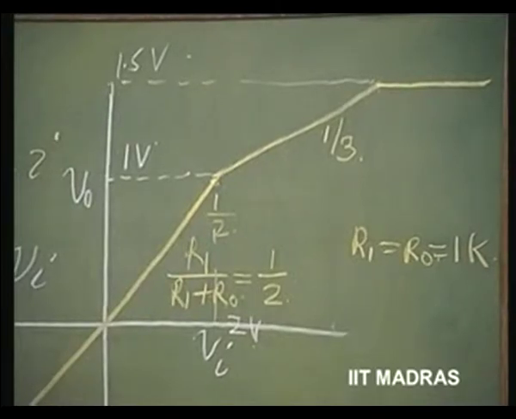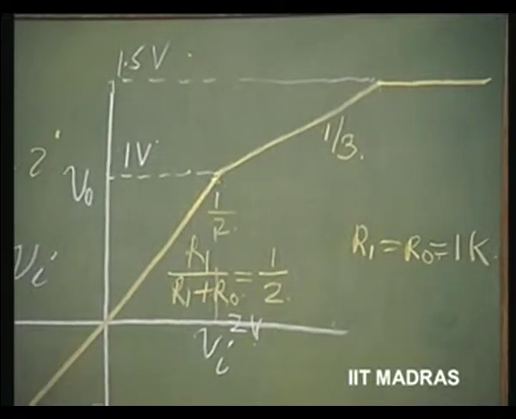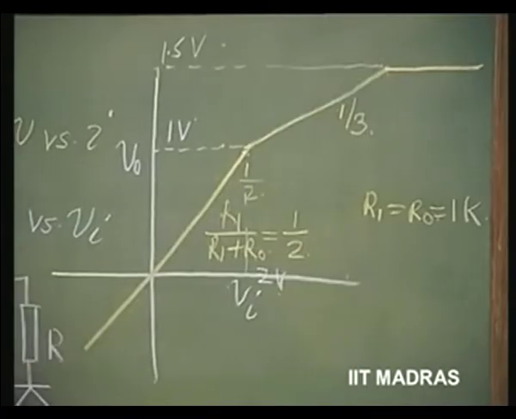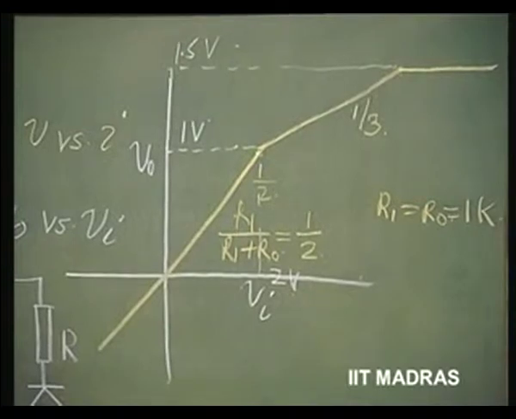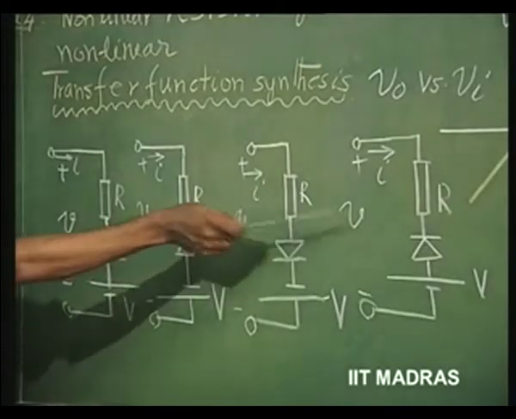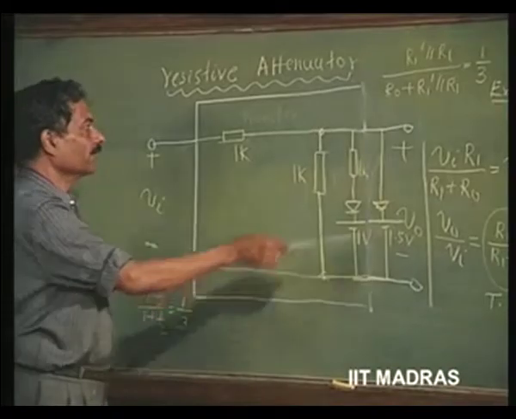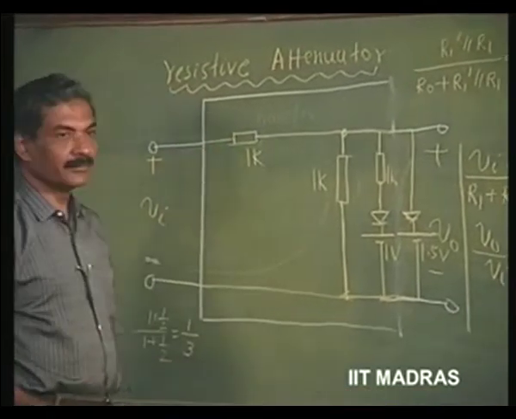Now, similar synthesis can be done for the other portion by bringing in resistances. If I want to change the slope somewhere here, at the appropriate negative value of voltage, I should bring in another resistance so that the slope changes to some other value, and so forth. So, using the combination of these resistors, diodes and batteries, I will be able to synthesize any such diode function generator, which is nothing but a nonlinear resistive attenuator.